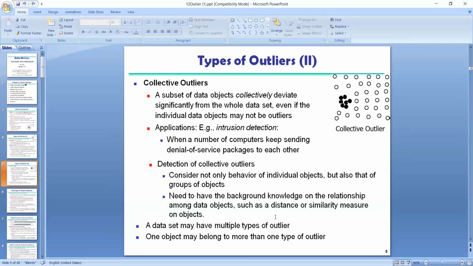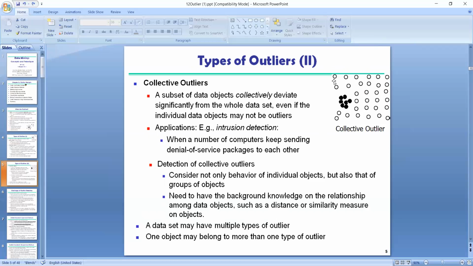Now the third type of outlier is the collective outlier. A collective outlier means a subset of data objects collectively deviates significantly from the whole data set, even if the individual data objects may not be outliers. This is an example of a collective outlier.